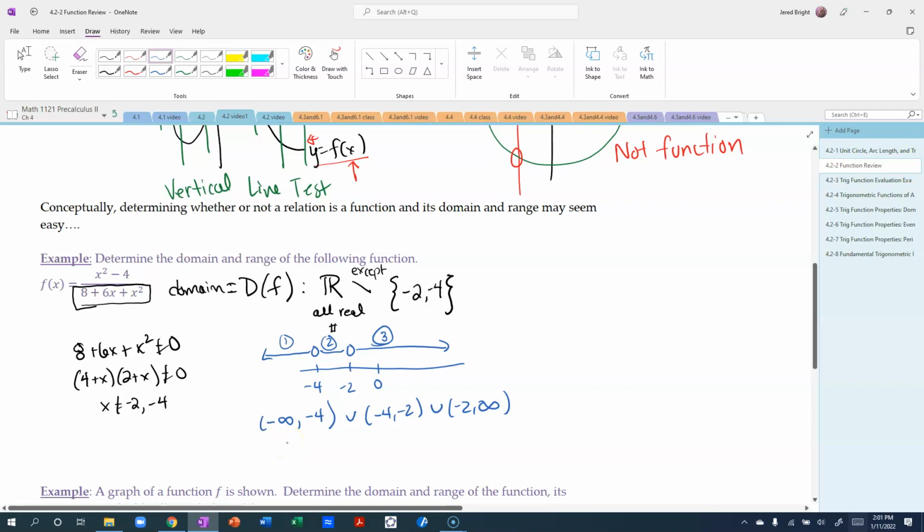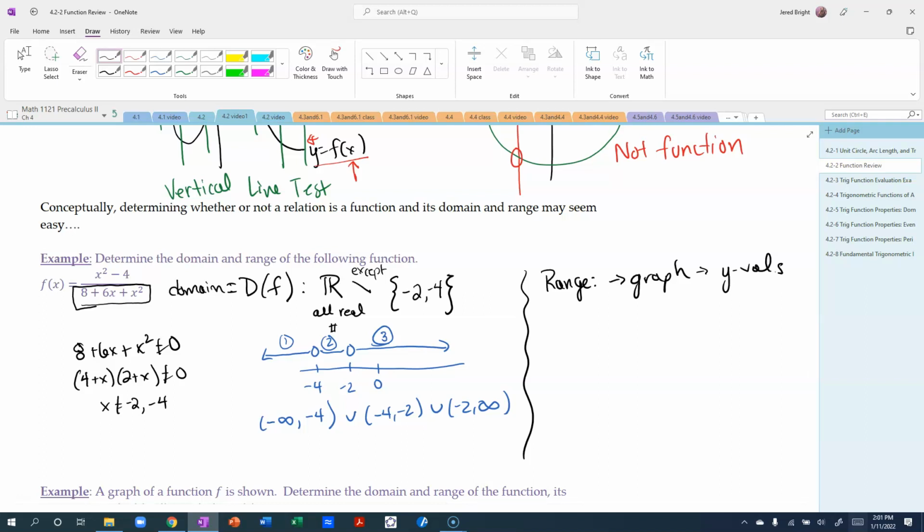The range here is going to be a bit more challenging to do. And so for the range, what I tend to do is I look at a graph. I sort of cheat, and then I look at the y values. The way to do it analytically is you have to think about function by function. And for the rational class of functions, you would say the range is going to be all real numbers minus whatever your horizontal asymptote is.